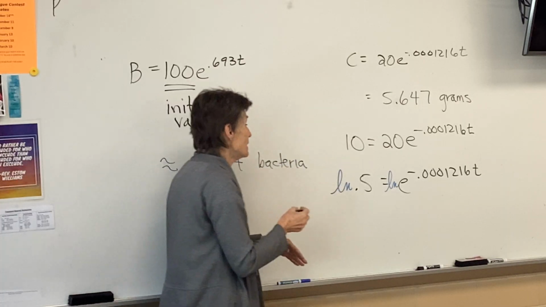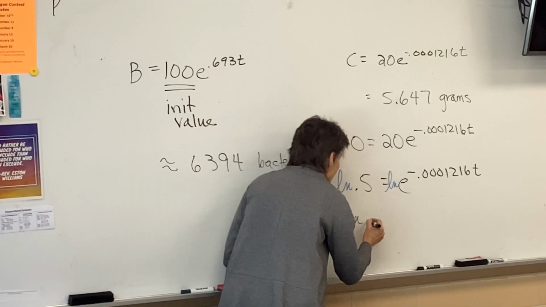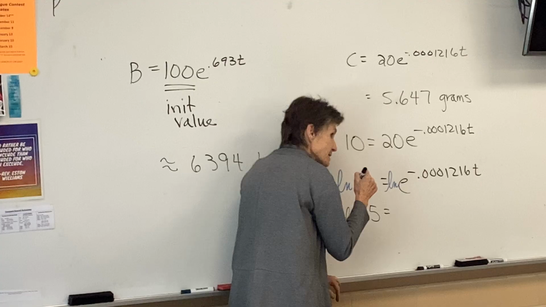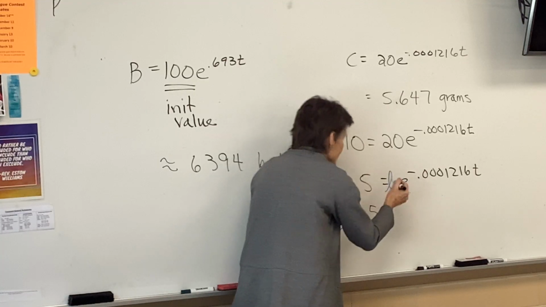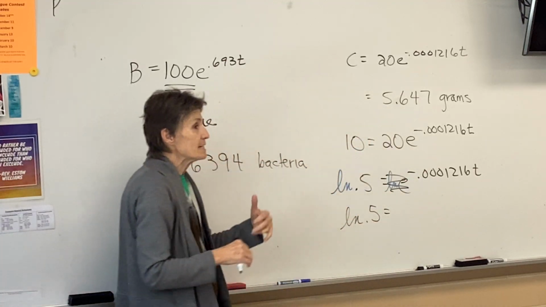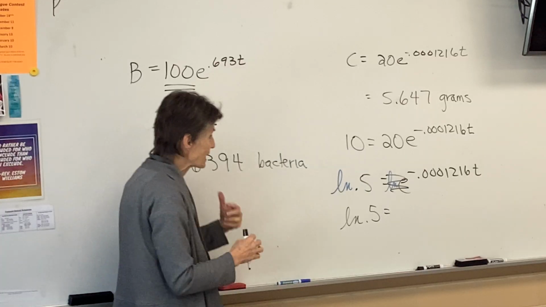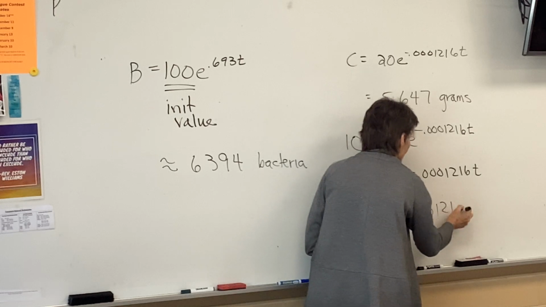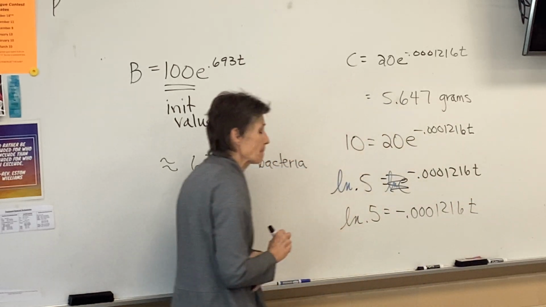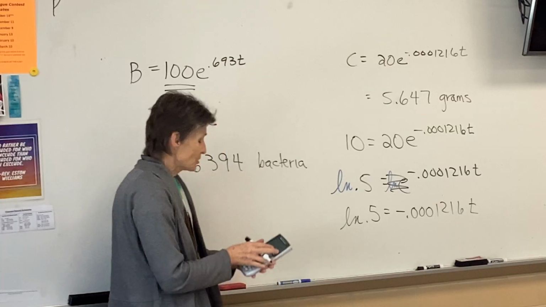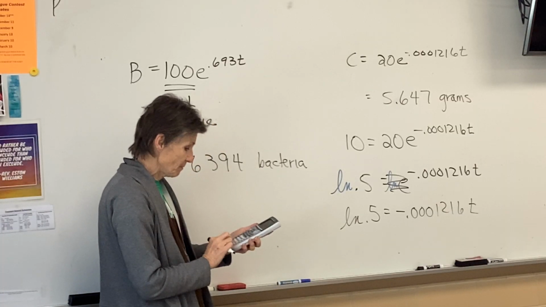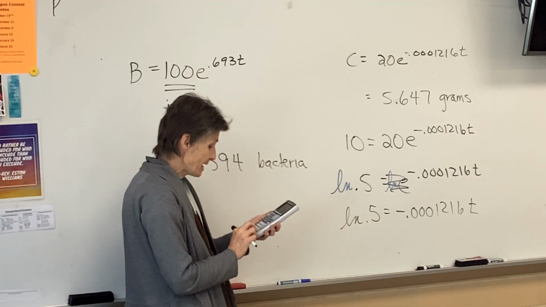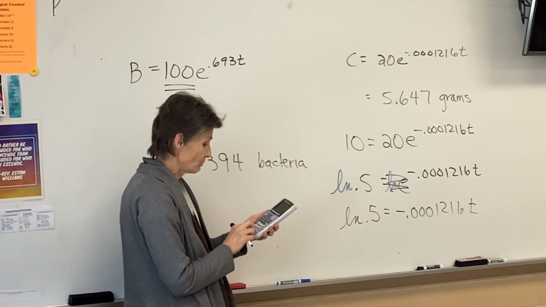So on this side, we have ln 0.5. These cancel. ln and e are inverses of each other, so they cancel out, and all we have left is 0.000121 6 T. So ln 0.5 divided by negative 0.000121 6.